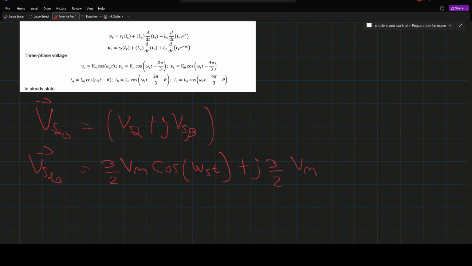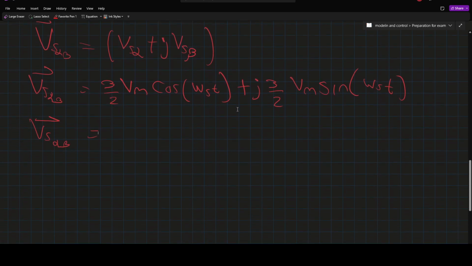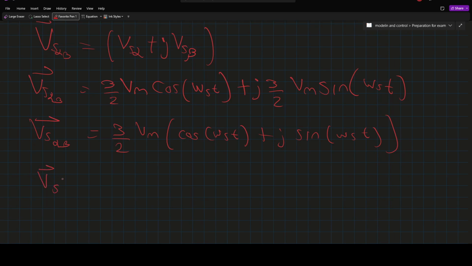It's going to be 3 halves Vm sine of omega st. So we can say that this is 3 halves Vm cos omega st plus j sine omega st, and we can use here an identity to get that our Vs alpha beta is equal to 3 halves Vm e to the j omega st.